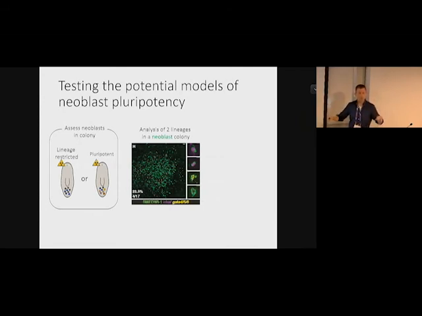Question: we talked about so many difficulties in performing this experiment in vivo, but is there a reason why this experiment can't be done in vitro, trying to differentiate the cells? Okay, so first of all, we don't have a method to grow planarian stem cells in a culture.